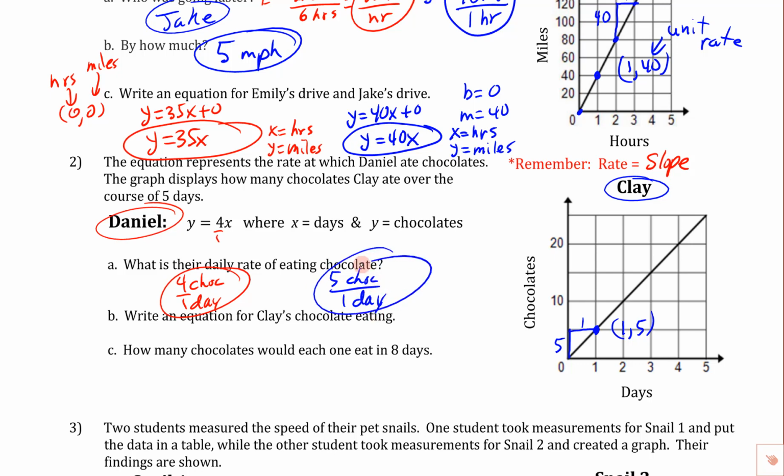All right. Write an equation for Clay's chocolate eating. We already have Daniel's chocolate eating. Okay, that's right here, and it tells us what these are. So I'm just going to circle that so we know we've got the equation for Daniel. Clay is going to be the same type of thing. He's just going to have a different rate. So he starts out at 0, 0. So that would be a y-intercept.